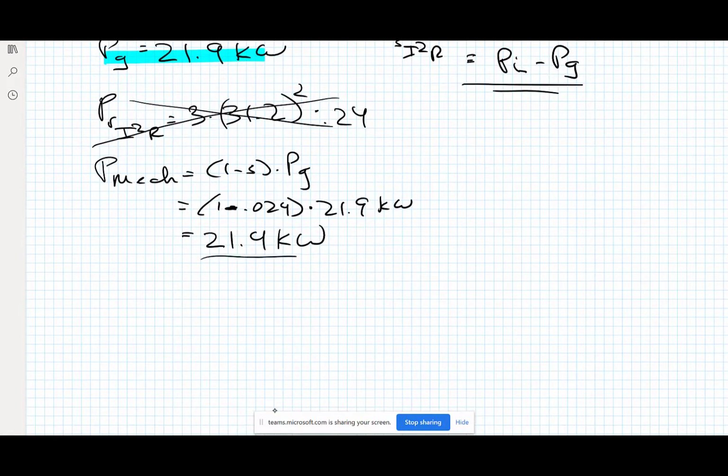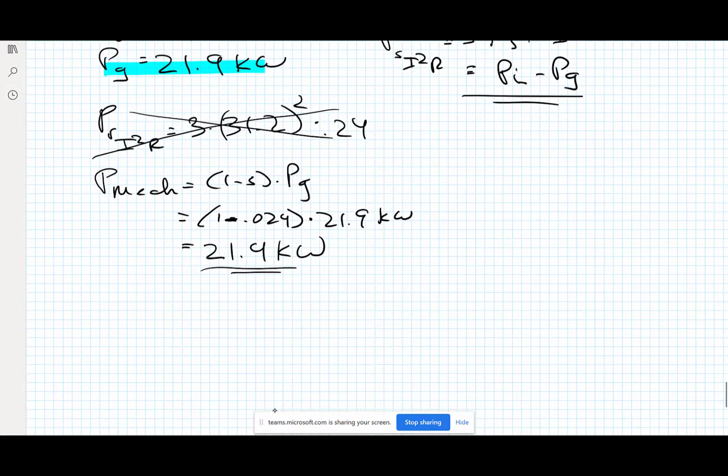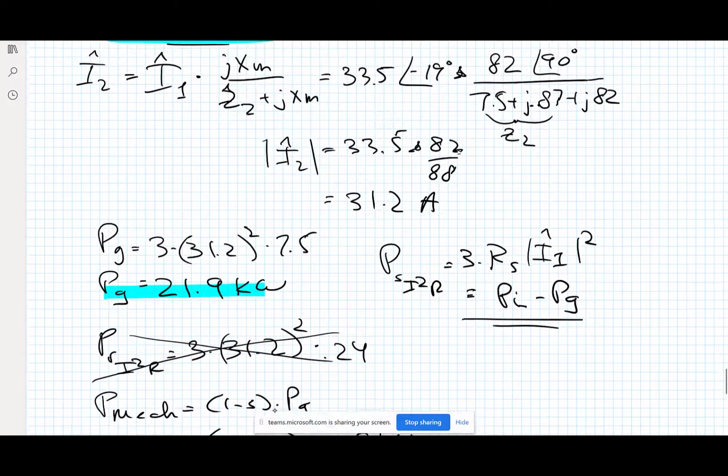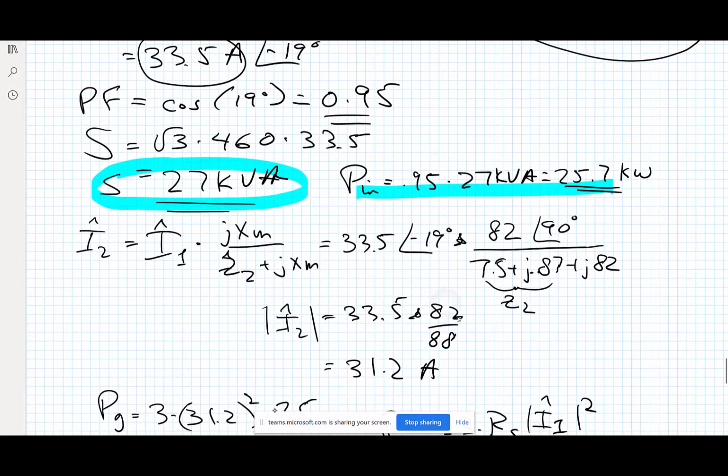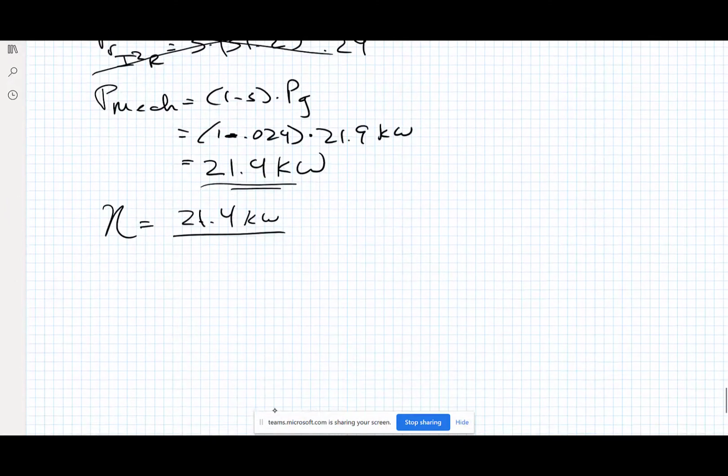But this is close. That's the mechanical power. So essentially the efficiency from input to output, we can check that. It's going to be 21.4 kilowatts divided by my input power, which was 25.7.